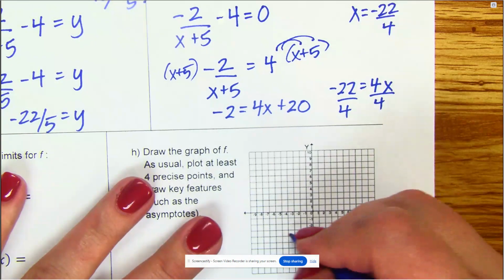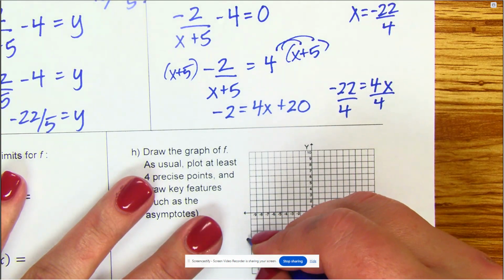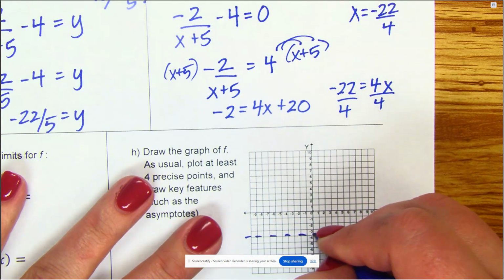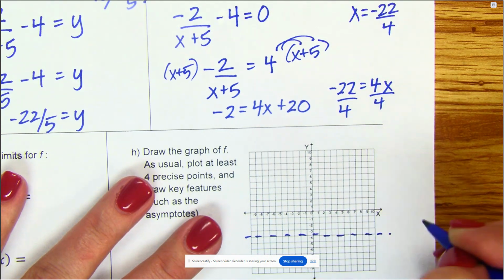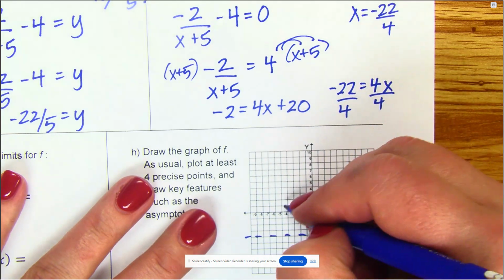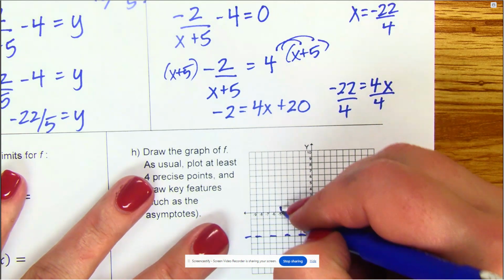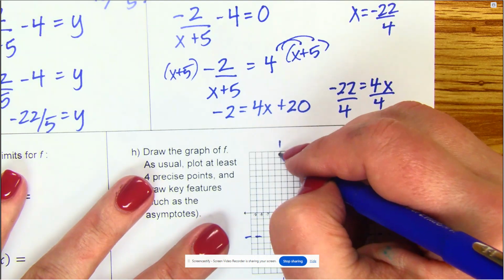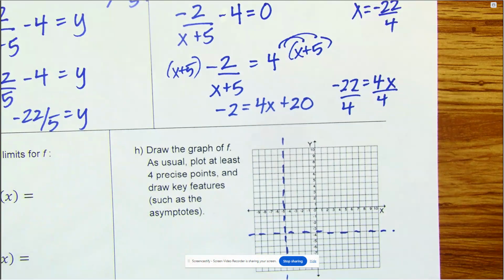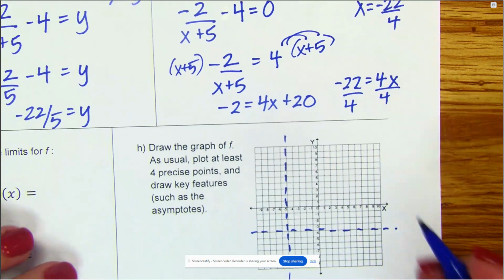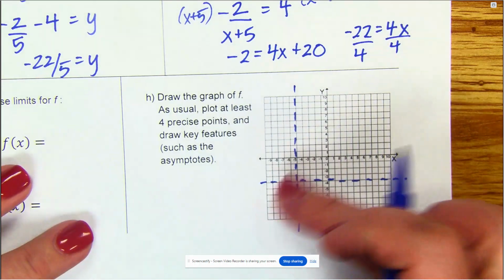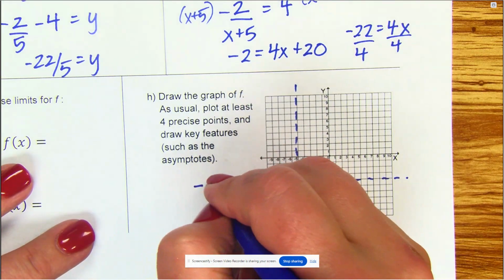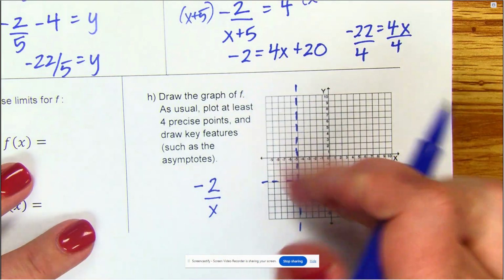So we have -4, 1, 2, 3, 4. Left 5, and normally the branches are in these two quadrants, but it had a negative on the top, which means it's here.